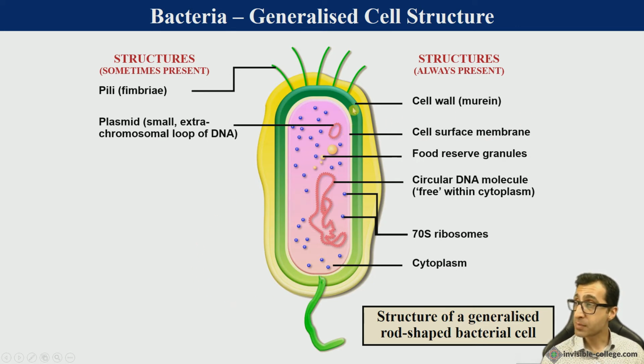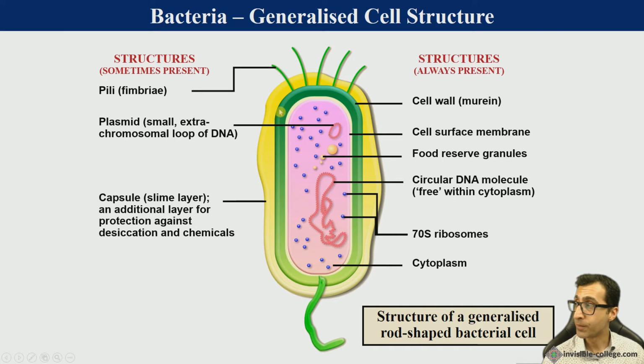You can also sometimes find around the cell wall of some bacteria an additional slime capsule. Sometimes this is called the slime layer, and this is essentially to protect bacteria from drying out in dry environments, but also can protect them from environmental chemicals which could potentially damage them.